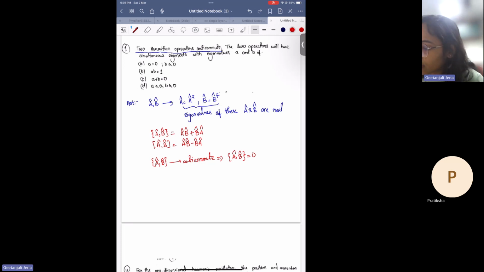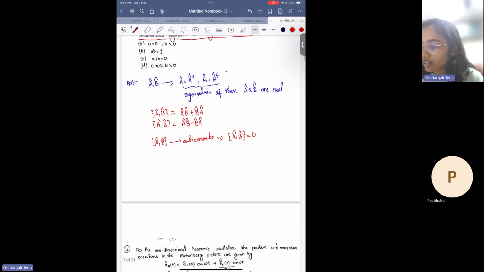Now it is asking that these two operators will have simultaneous eigenstates with eigenvalues a and b. So it is asking under what condition these two different operators A and B will have the same eigenstate.